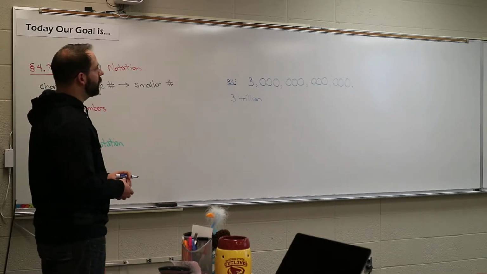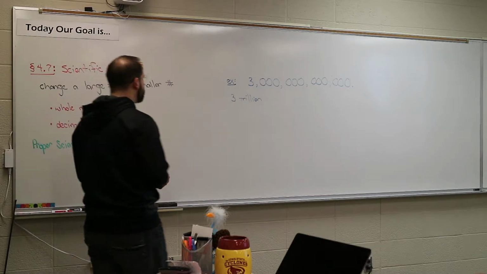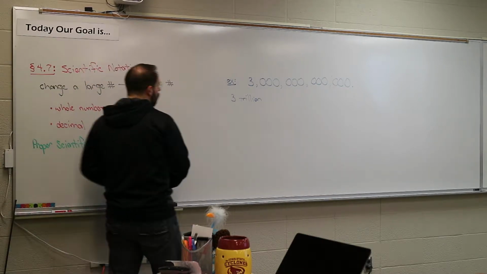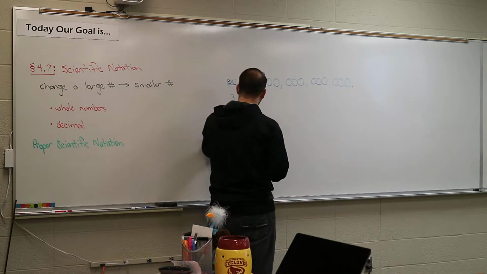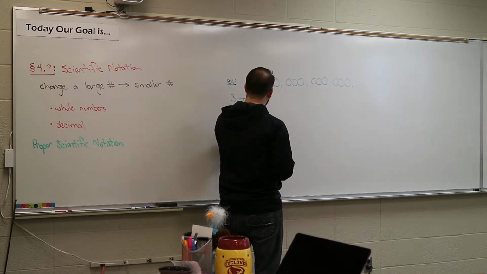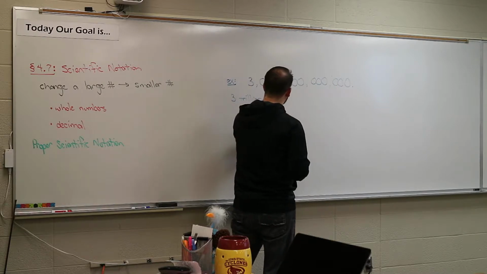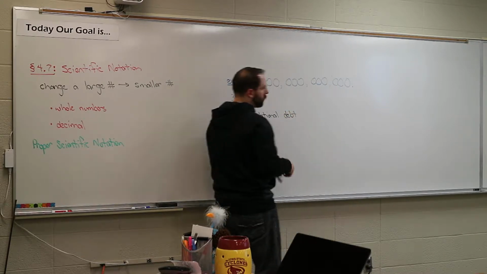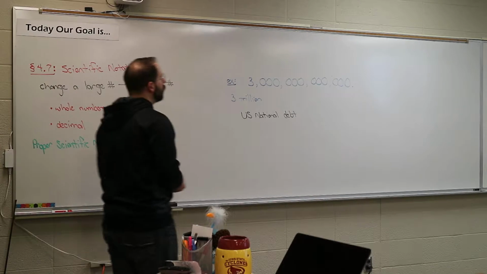I think one of the things was, just to give you an idea of how big that number is, the U.S. national debt. Now, national debt is money that the U.S. government owes other countries because of wartime funds.